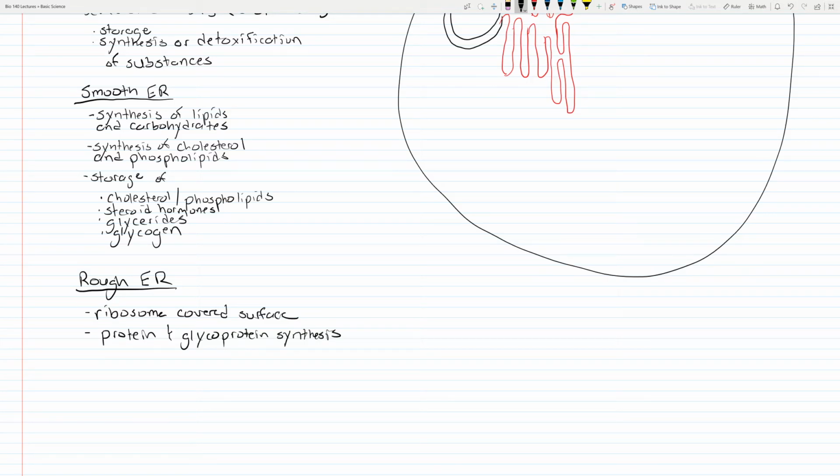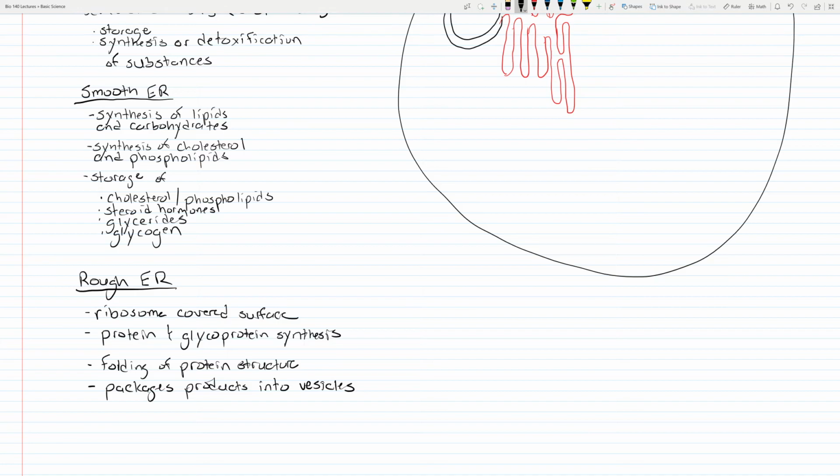It's here that you get special folding of protein structure. And if a protein or something is made inside of the endoplasmic reticulum, they're packaged, the products, into vesicles.